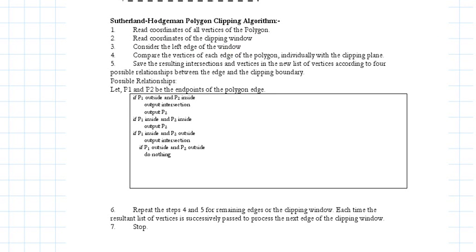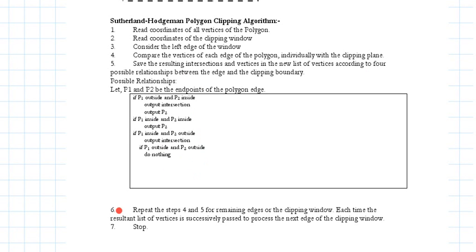We started our clipping procedure with respect to the left edge. Then compare the vertices of each edge of the polygon individually with the clipping plane as we did in our example. Save the resulting intersections and vertices in the new list of vertices according to the 4 possible relationships. So by doing this, you are getting intermediary clipped polygons.